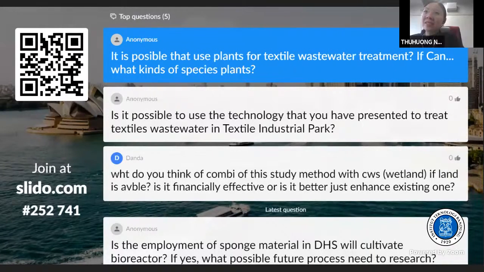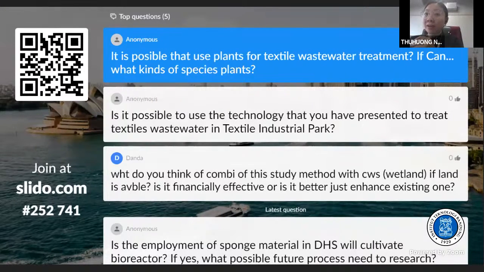I think maybe it can, because if we use living plants, I'm not sure, but some plants can become the natural-based materials of the low-hanging sponge. Sometimes we can treat some plants and make them into the sponge.